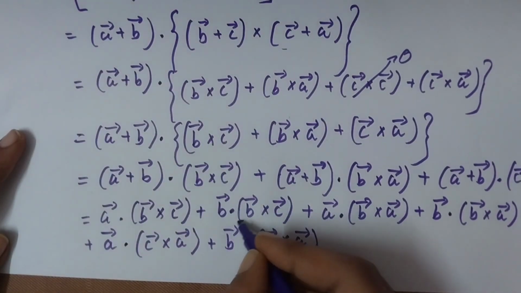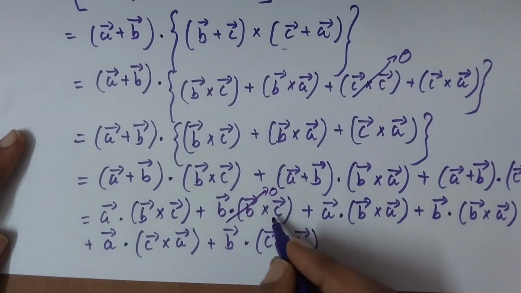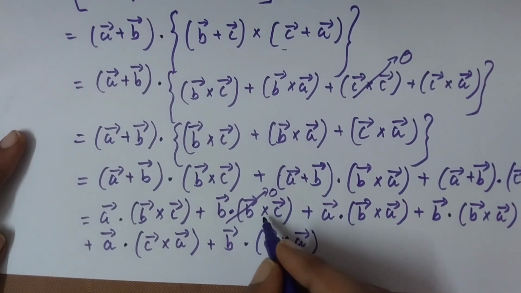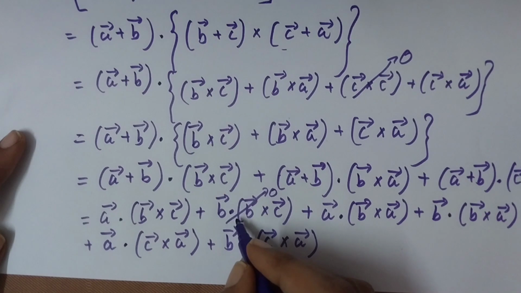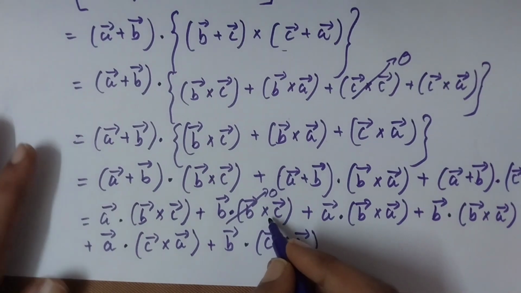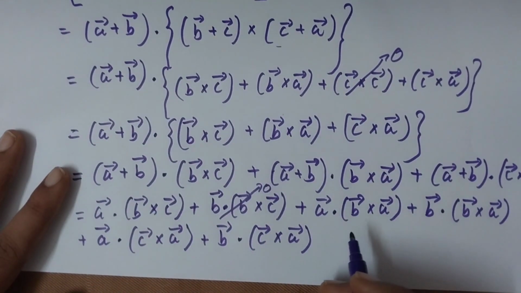Now this term is 0 because when B cross C is taken, it will give a vector which is perpendicular to the plane containing B and C, and when that vector is dotted with vector B, it will give you 0 because the angle between these two vectors will be 90 degrees. So cos 90 is 0. We have learned about the scalar product in our last video.